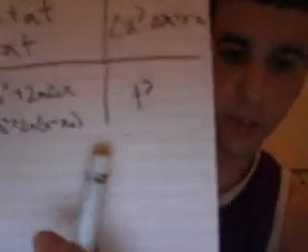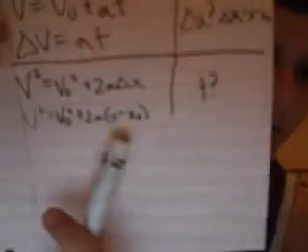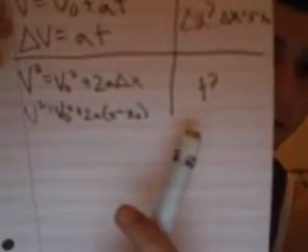V squared is equal to v naught squared plus 2a times (x minus x naught). And why would you use this equation right here? If you don't know what time is. Alright? If you don't know what time is, just use that equation and you'll be fine.